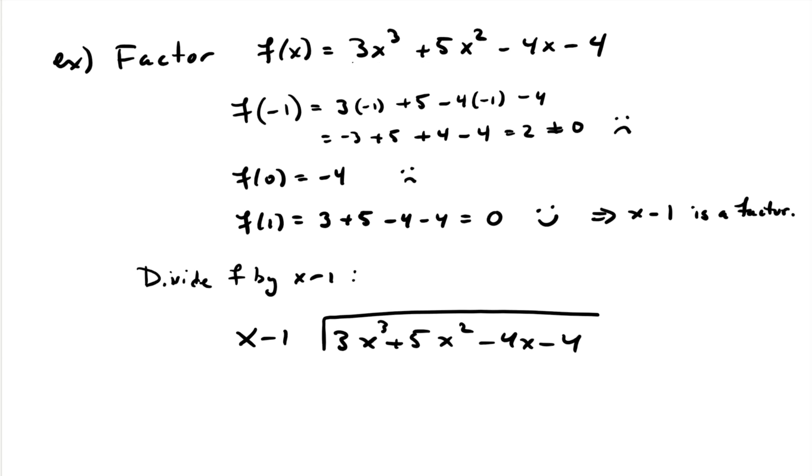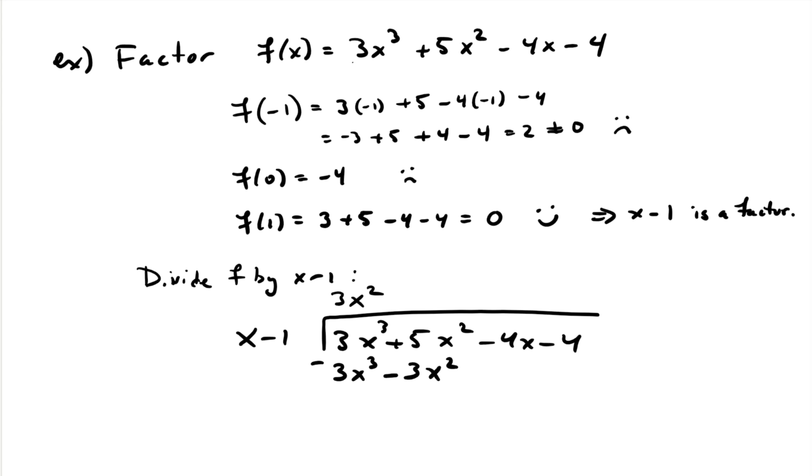x minus 1, I divide by that. I need to multiply x by 3x squared to fit it into 3x cubed. So this is 3x cubed, and 3x squared times minus 1 is minus 3x squared.